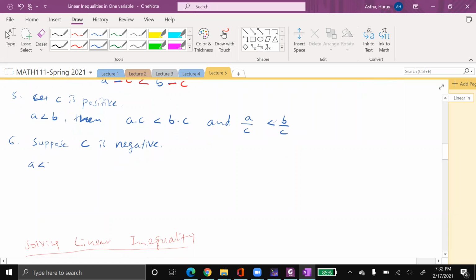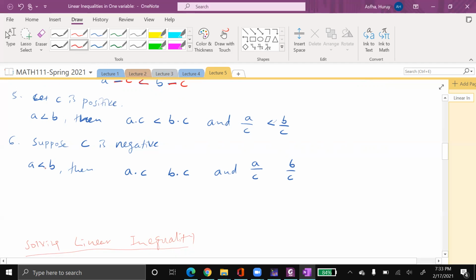And A is less than B. This is still the same. Then A times C, B times C. Now I haven't put this inequality. And A divided by C, B divided by C.